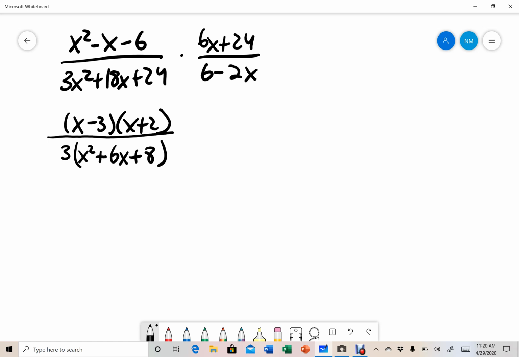I think that's right. Okay, and then 6x plus 24, 6 can be factored out, leaving me with x plus 4.